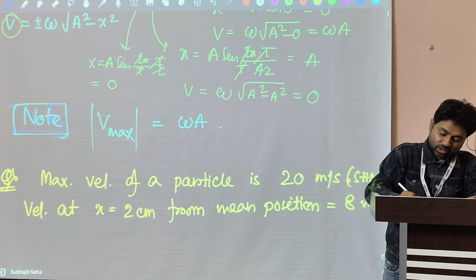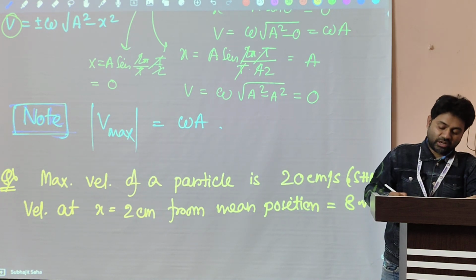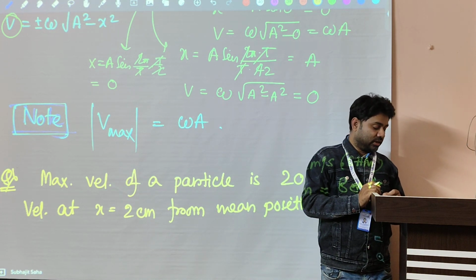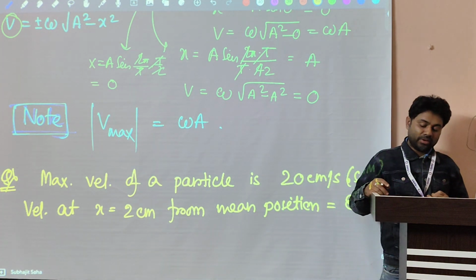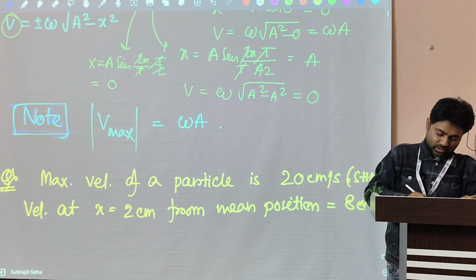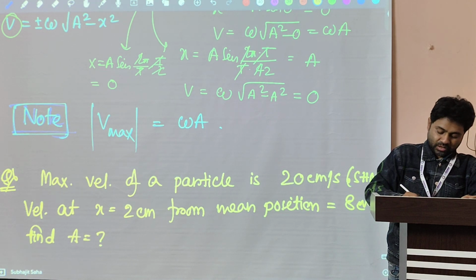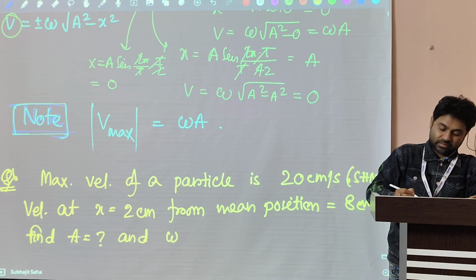Just make them centimeter, okay? It will be better because there are two units. The maximum velocity of a particle is 20 centimeter per second. Velocity at x equals 2 centimeter from mean position is 8 centimeter per second. Find its amplitude and angular speed.